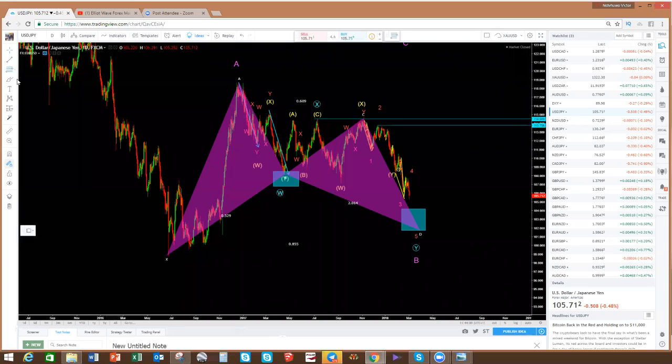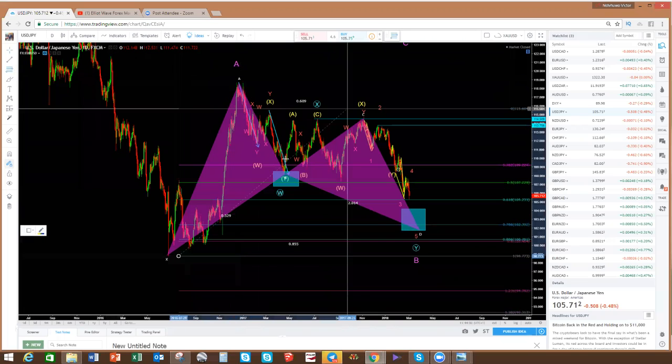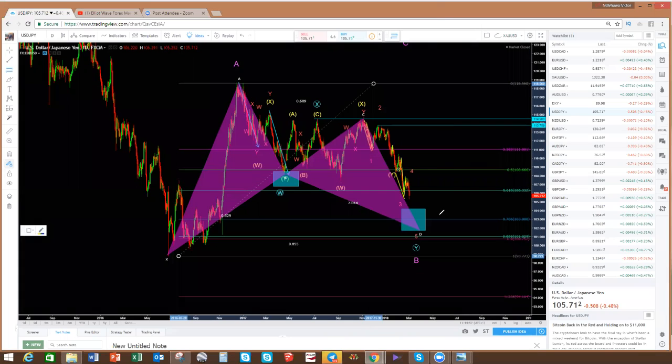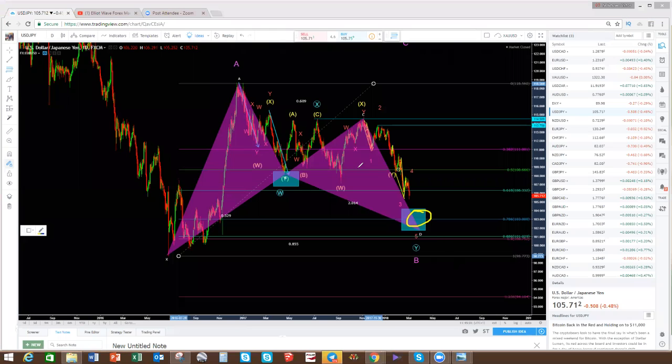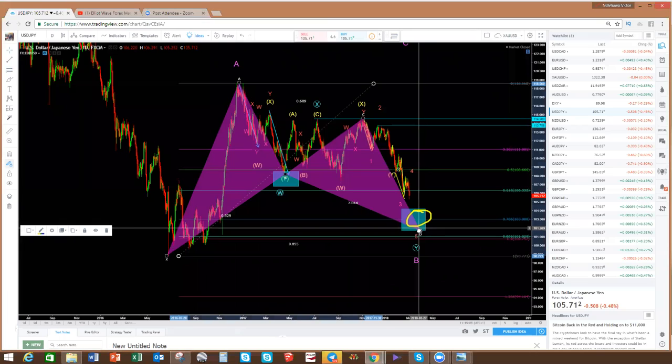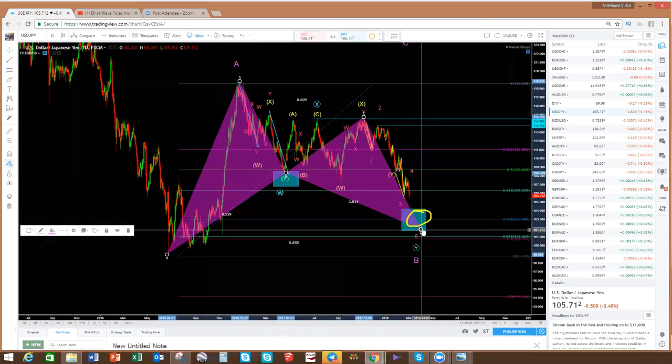Look where your 7.8 is, around 103. Even more confirmation. So this is actually a bat. The bat may come down, it may even move down a little bit lower to the 88.